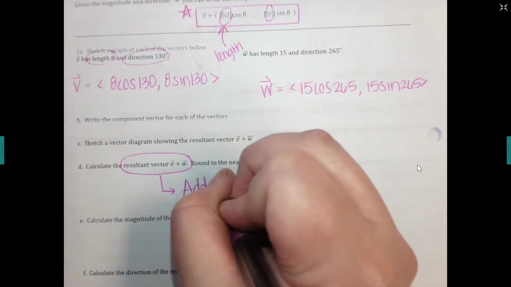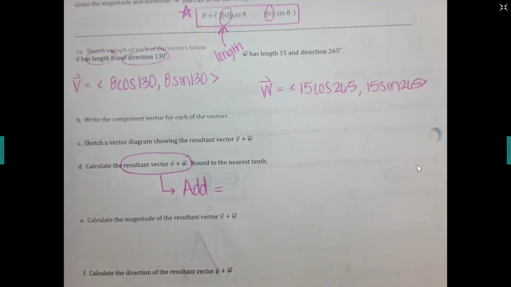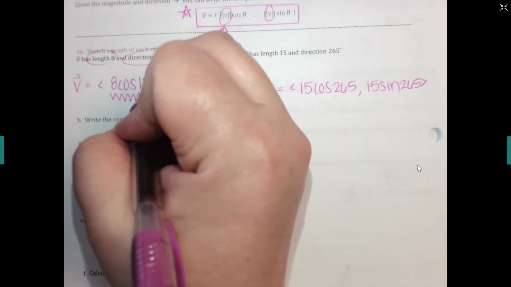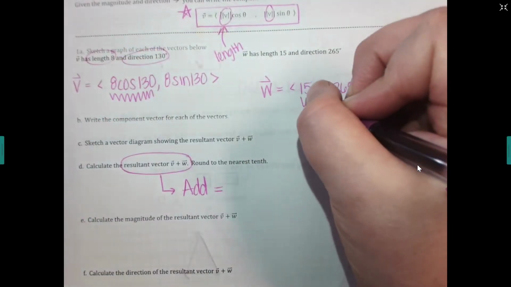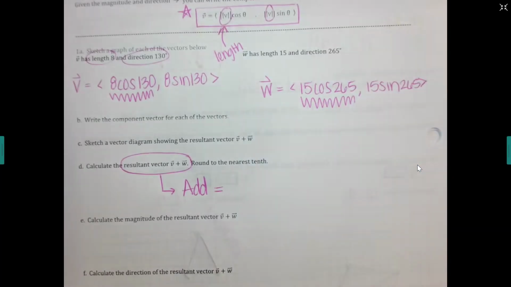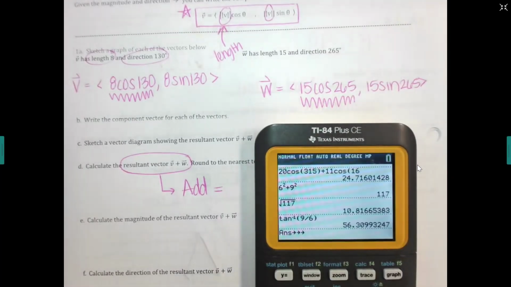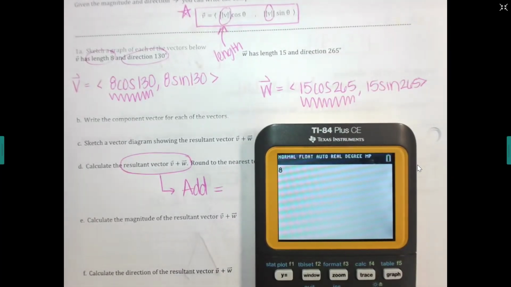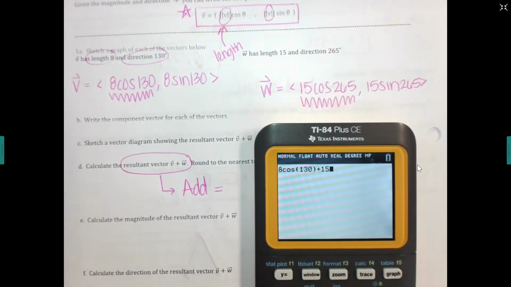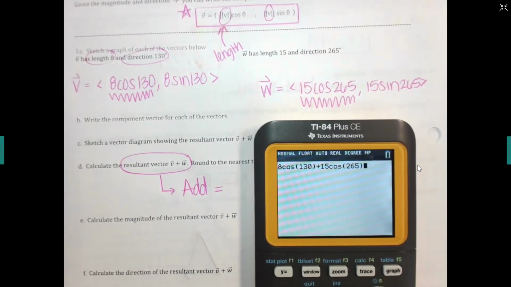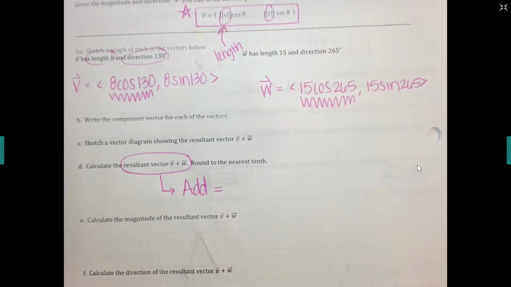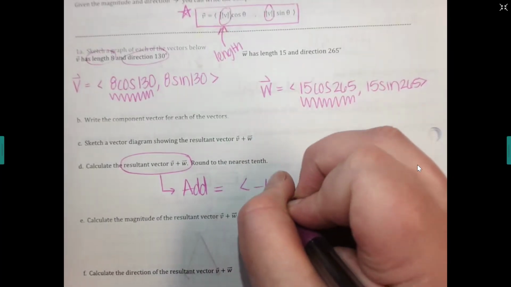So when I add these up in your calculator, I want you to add 8 cosine 130 to 15 cosine 265. Okay, so 8 cosine 130 plus 15 cosine 265. Okay, I got negative 6.4. That is my combined X value.